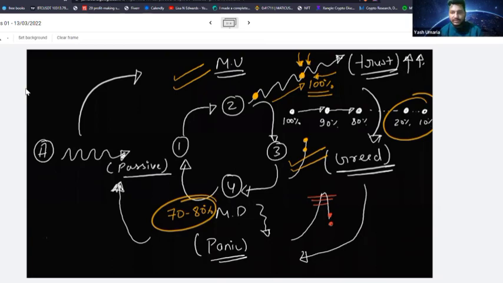Okay, and that's why we will see different types of things. Great. So now that we have understood the psychology, there's one more thing. Just remember, all of this is applicable to the top 50 to 60 coins, not all coins.